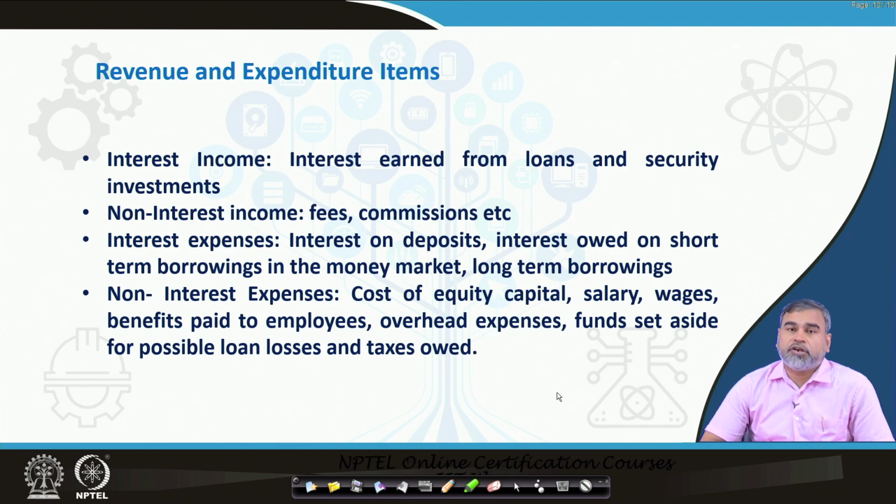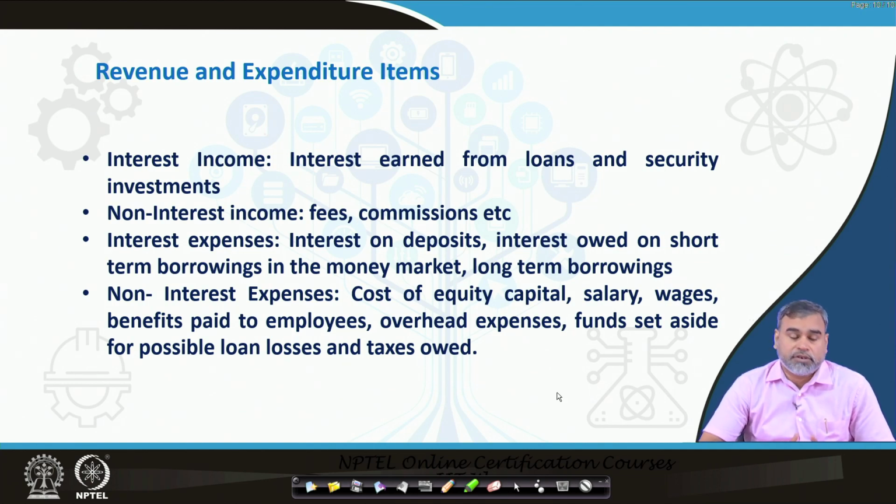Which items come under revenue and expenditure of commercial banks? The major revenue for a commercial bank is interest income, which is the interest earned from loans and security investments. In this sense, we are talking about bonds, whether secured or unsecured bonds.